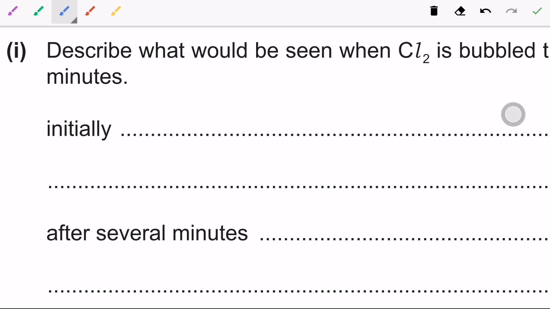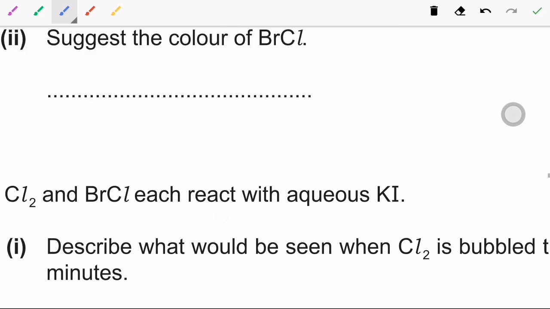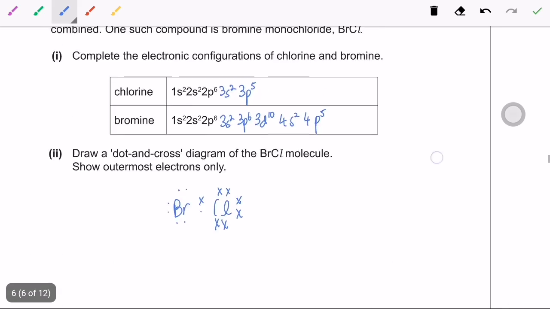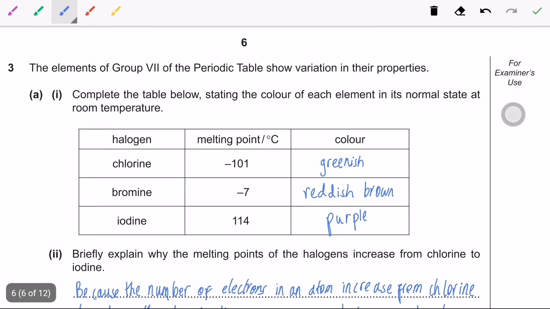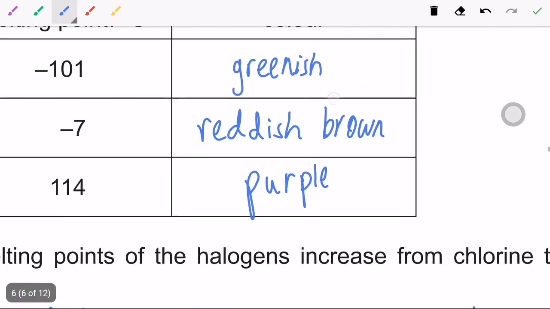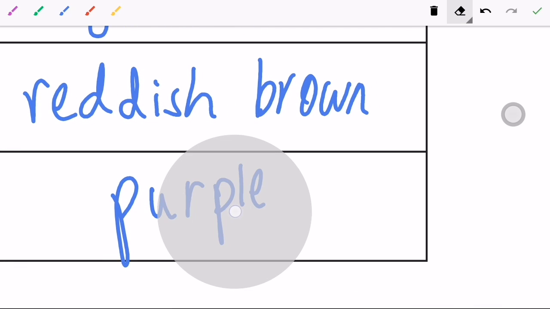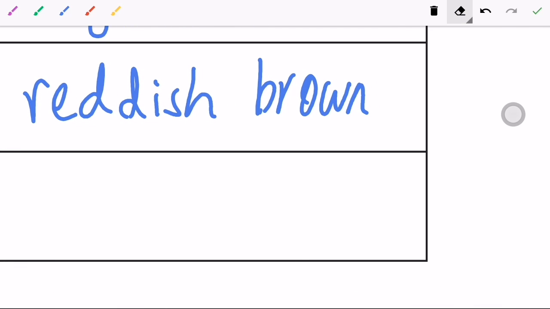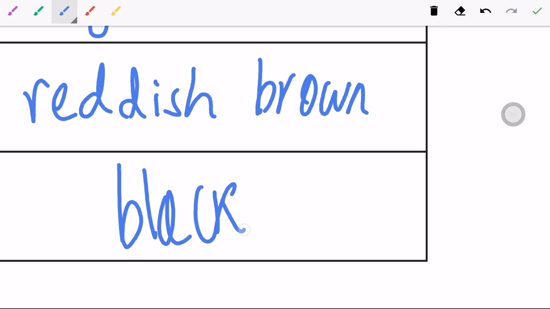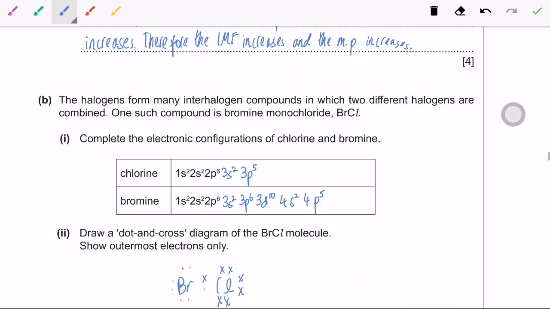Oh wait, by the way, I just remembered iodine vapor is purple. Iodine itself is black.